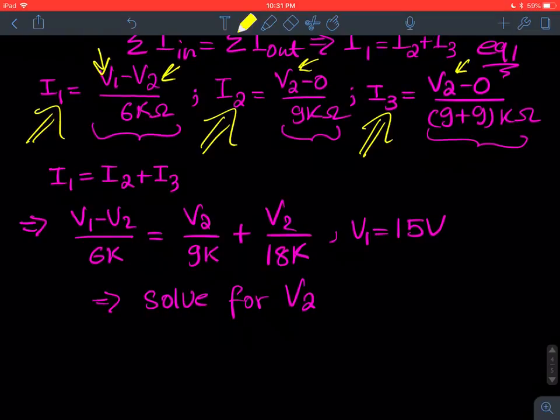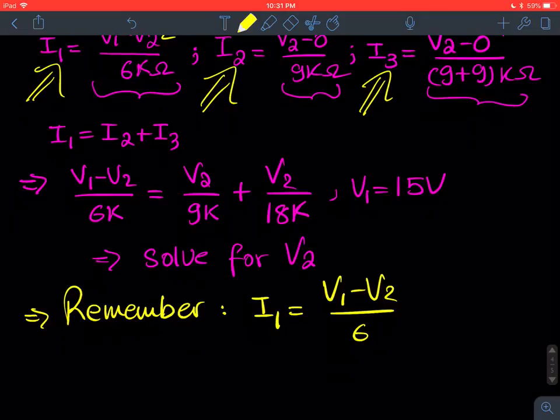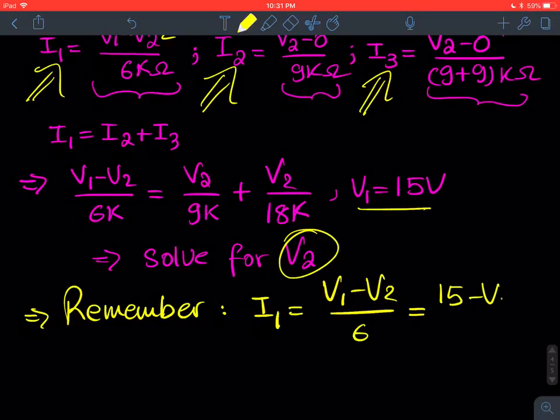So instead of going back to the circuit and confusing myself, I can just write, this is a reminder, that I1 equals V1 minus V2 over 6. Also remember that you have the value of V1 and you calculated V2, so you can write 15 minus V2 over 6, and then you do the math.